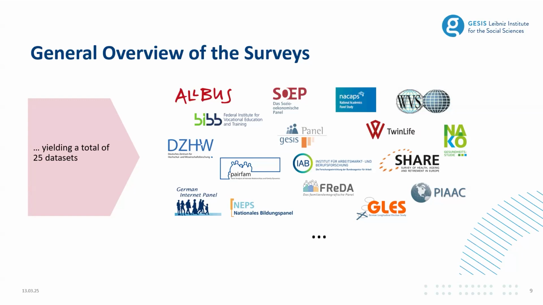What we now want to do in the next few minutes is, instead of presenting this descriptive information for all of the 25 data sets one by one, present the information at a more aggregate level and point toward exemplary research questions that can arise from the survey characteristics that we have collected.